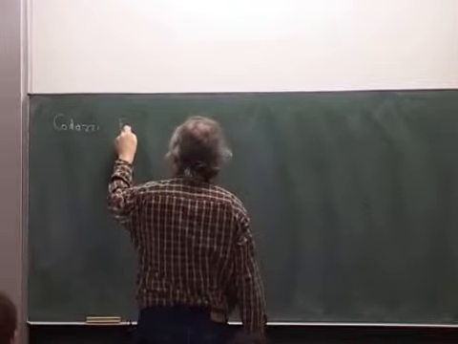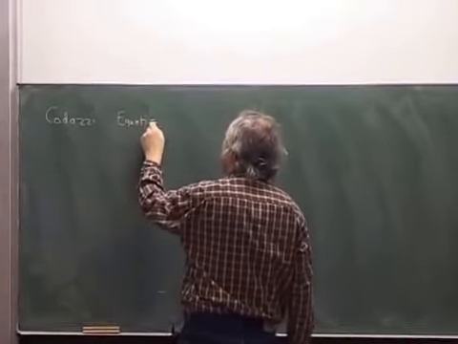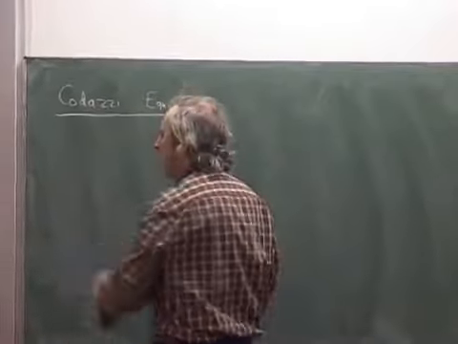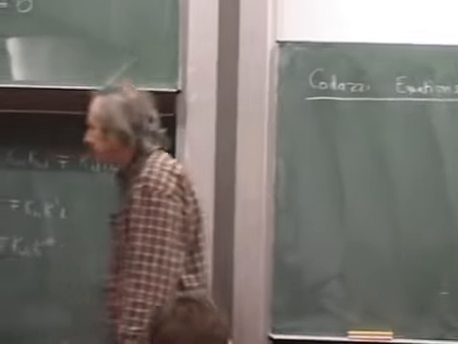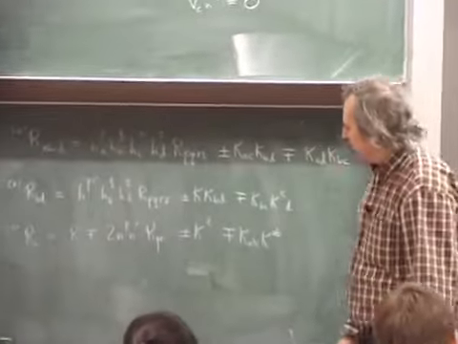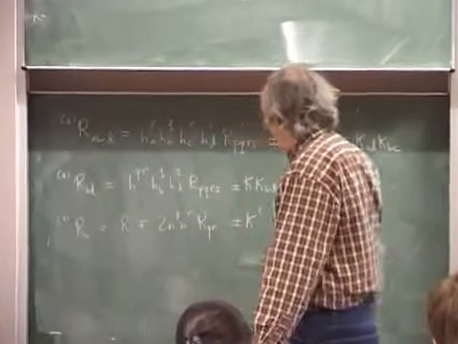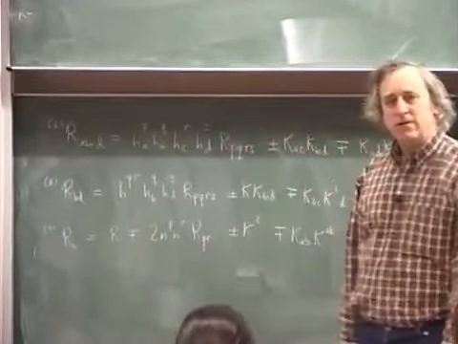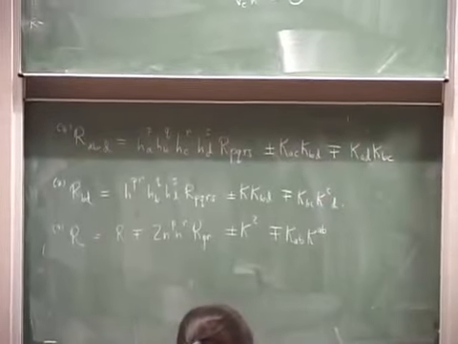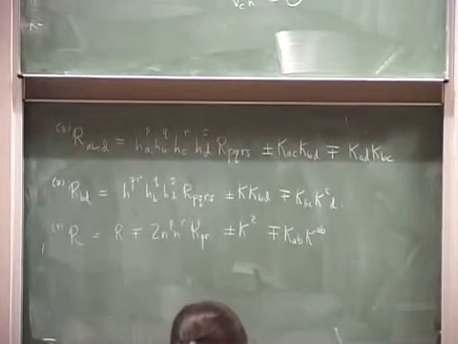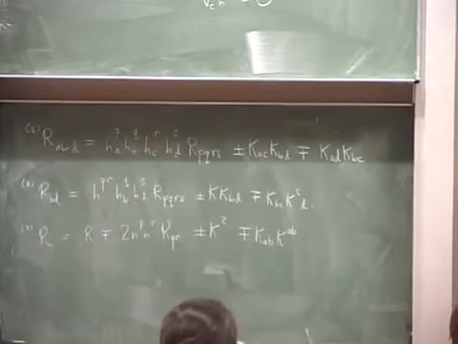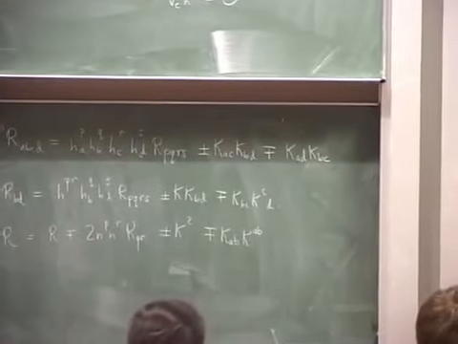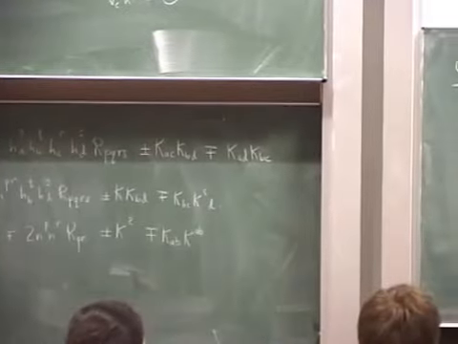So the Codazzi equations. Well, if I was interested in building, say, 4R, I would need to know this object, I would need to know this object, and then I'd need to know something that had one leg in the surface and one leg perpendicular to the surface. I don't know of a nice way of doing this except backwards, so to speak.